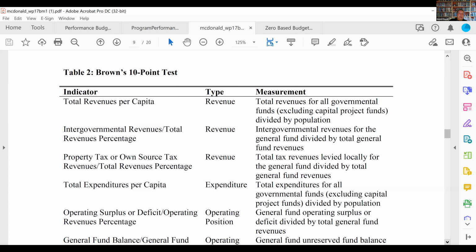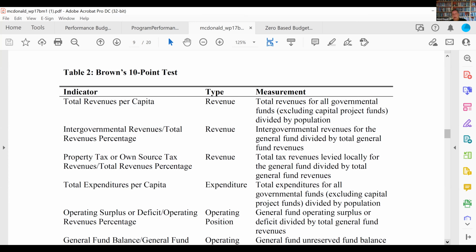You then have a second indicator known as intergovernmental revenues divided by total revenues percentage. So you take your intergovernmental revenues for your general fund. Your general fund is the primary fund that cities use for their everyday operations to keep the city going on a daily basis. Intergovernmental revenues are revenues that come in from other governments.